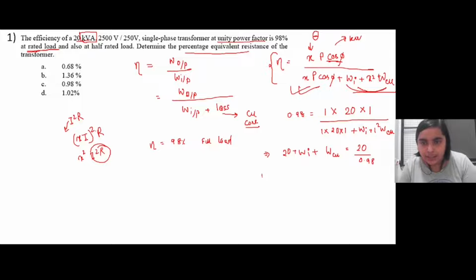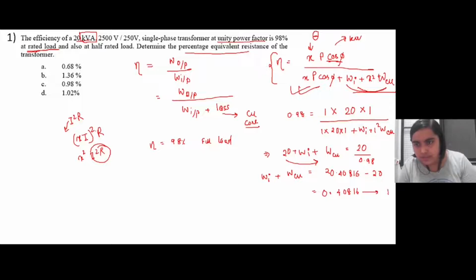So we will get one equation as Wi plus WCU equal to 20 divided by 0.98, which is 20.408, minus 20. We'll bring this 20 on that side. So it is 0.40816. This is one equation we have.